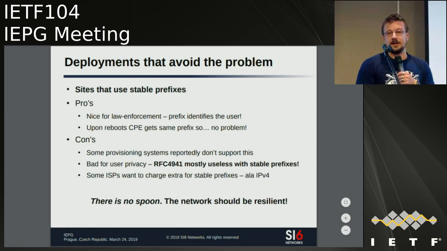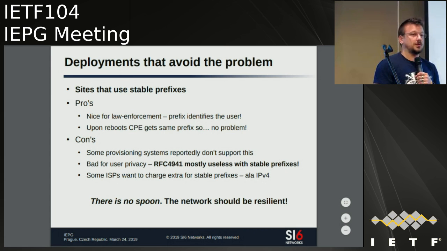Some ISPs report that their provisioning systems don't allow them to do this. And also there's the case, whether you agree or not, that some ISPs want to charge extra for stable prefixes. I'm not saying that should be the case, but that's something that happens. So that means that by default, they give you a dynamic prefix, because if you want a stable prefix, you have to pay extra. So the bottom line of this is that it's quite normal to actually get dynamic prefixes.